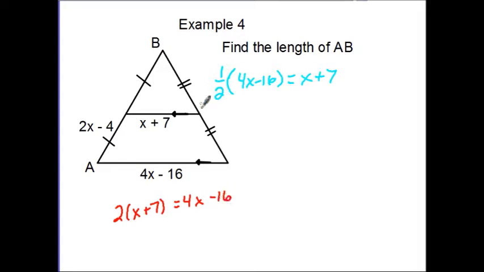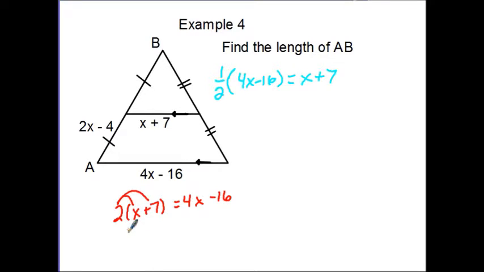Both of them have their advantages. This one uses the theorem directly, and in this case it would be nice and easy distributing a half to both sides. We don't end up with any fractions or decimals. If you want to make sure that you never have a decimal or a fraction, not to say it's bad, it's just a half or a 0.5, you can always double the midline side. So here we go. I'm going to do that option.